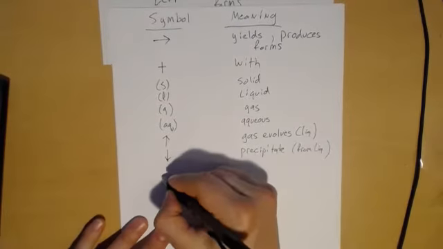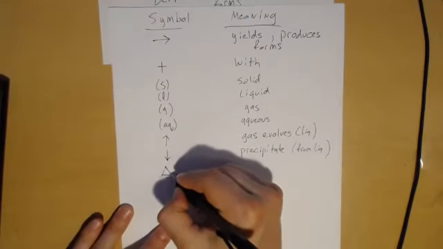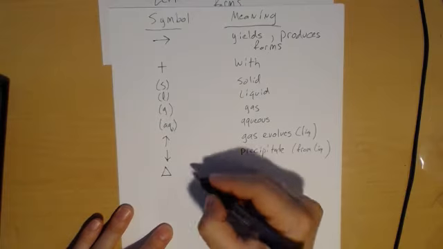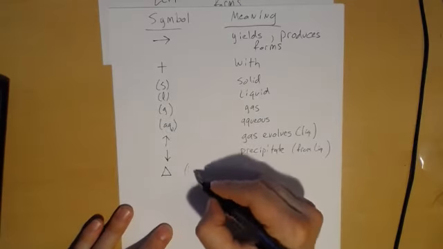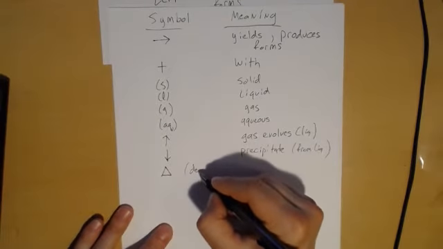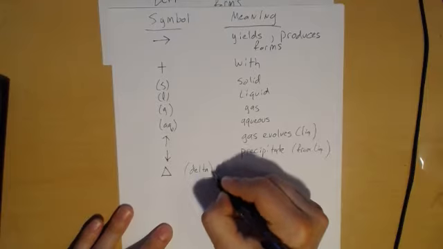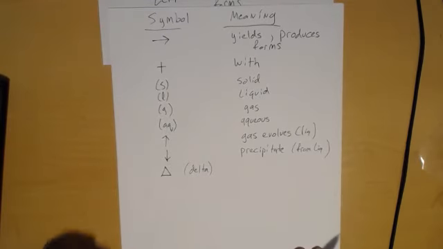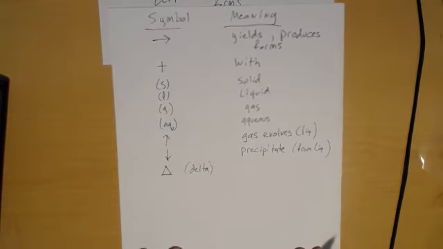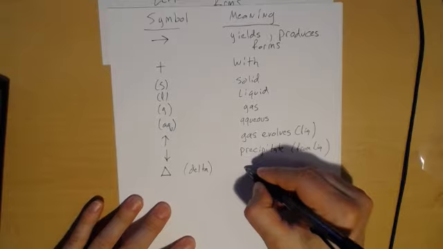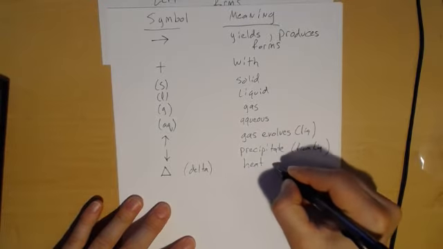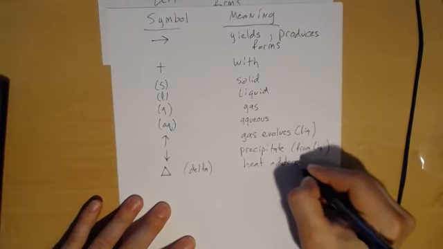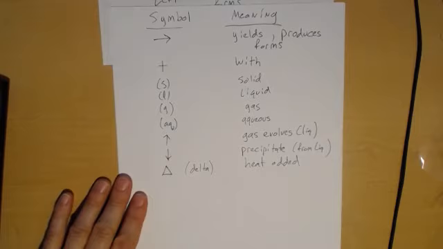We have this one. We've seen this symbol before. This is the Greek symbol, capital delta. In a broader sense, it means change, but in a chemical reaction, it generally means heat added to the reaction.